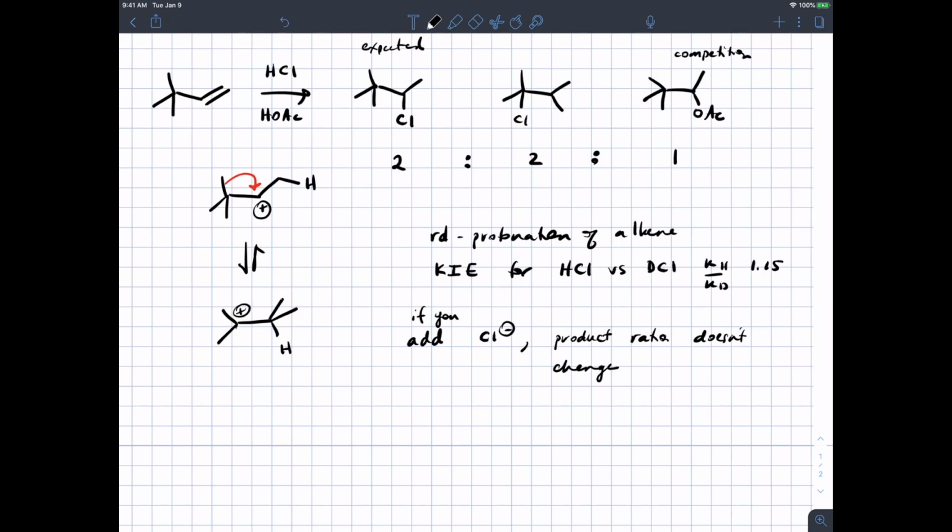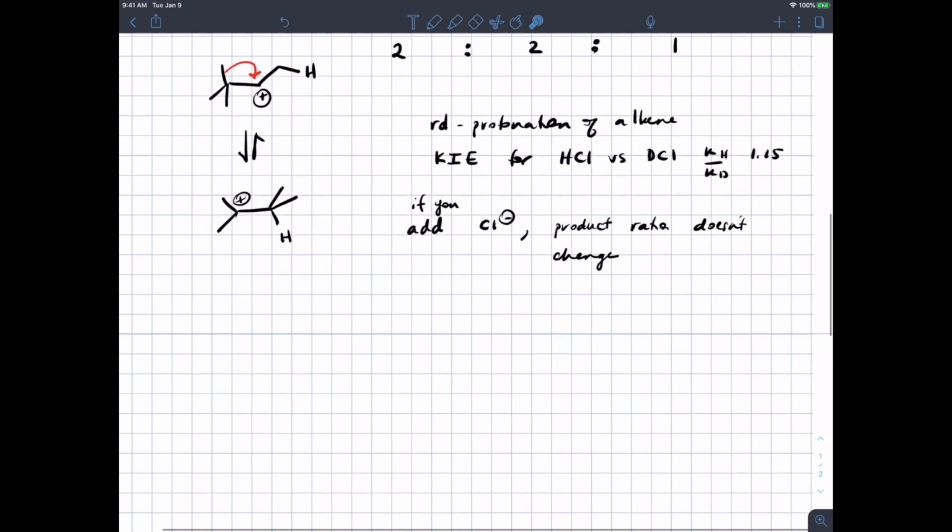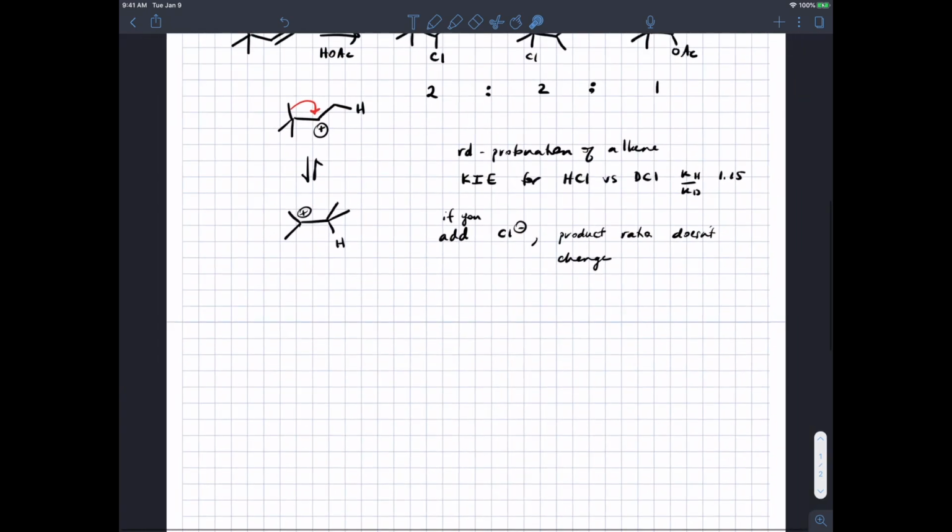That's right. If indeed your intermediate really looks like this, a carbocation, it would seem that adding chloride could outcompete the acetate. And another thing is, why don't we see any acetate substitution in the rearranged product? Why is that mostly chloride? And to rationalize that, you have to invoke something that actually happens a lot in organic solvent, but that we don't often think about, and that is ion pairing.